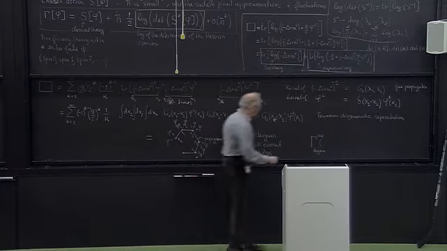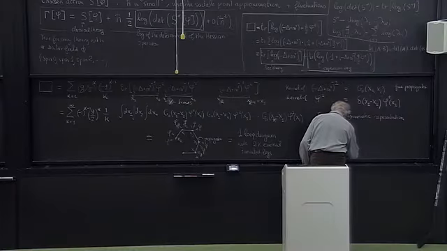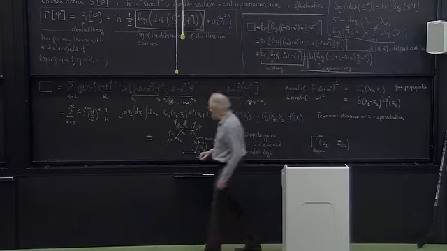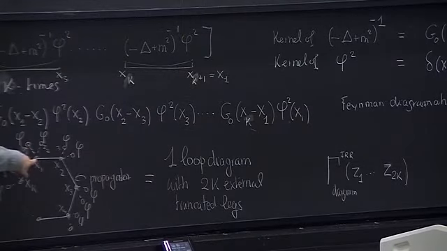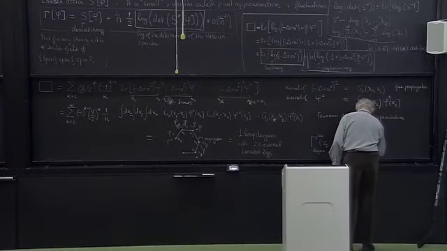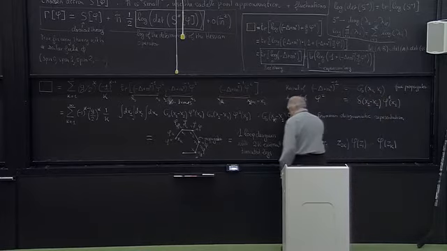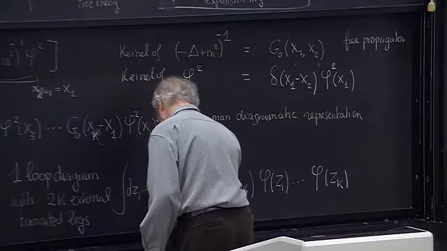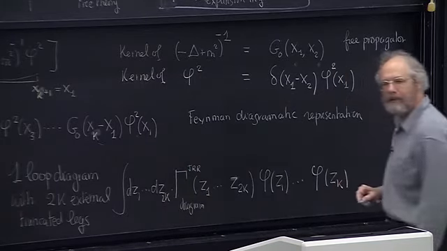So in fact, this external diagram has 2k external legs, but the positions of the external legs are paired one by one. So in fact, z1 has to be equal to z2, z3 has to be equal to z4, etc. Times phi of z1 up to phi of zk, integrated over all the positions from dz1 to dzk. So you see.